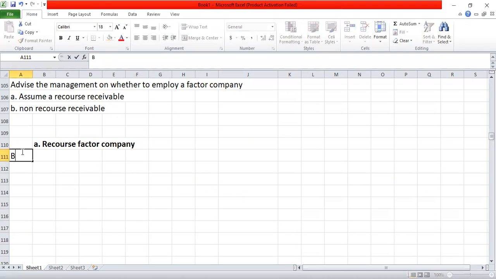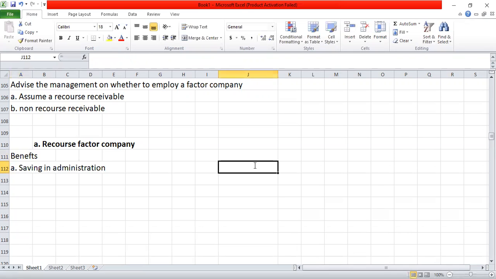So our benefits, we shall have a saving in admin cost in the case a factor company is employed of 1 million.